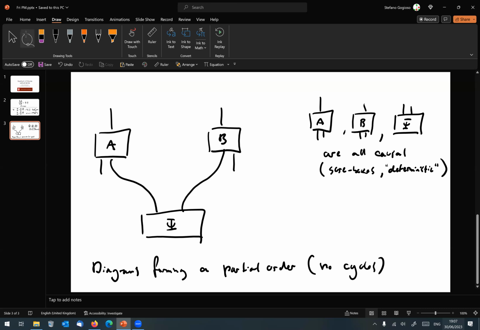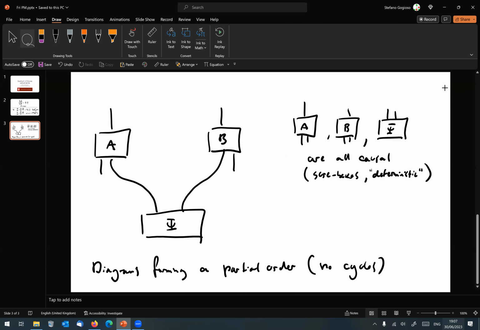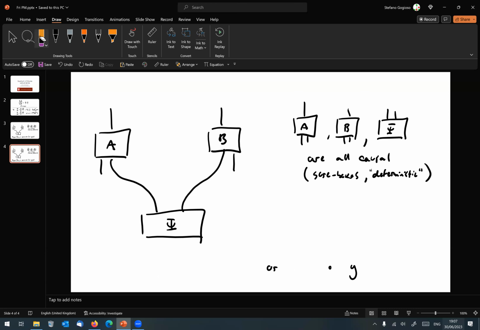And I already mentioned this morning that there's a very heavy price to pay for having time loops. So that's in itself problematic. But the point is, these are all causal. What does it mean that they're all causal? It means in practice that I can discard them, if you will. So another way to say causal is discardable.